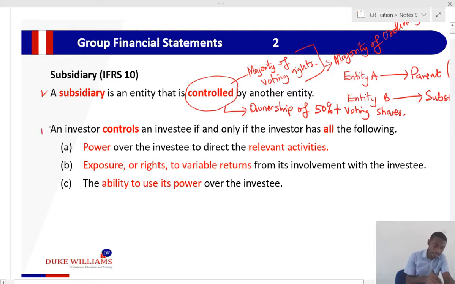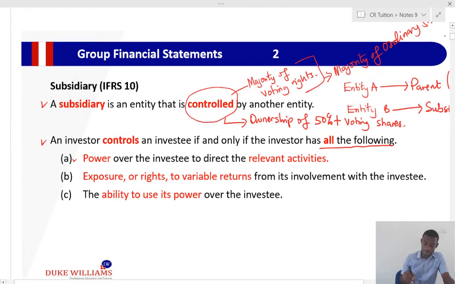Now, under IFRS 10, control is defined as where the investor has all of the following. One, the investor should have the power. So the first point is that the investor should have the power over the investee to direct the relevant activities.